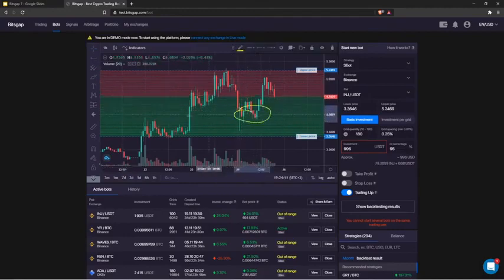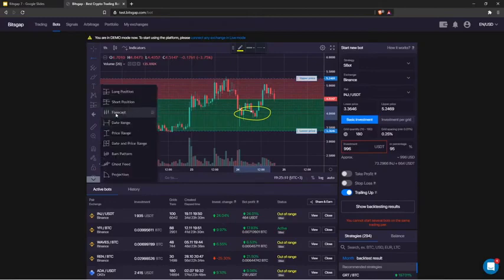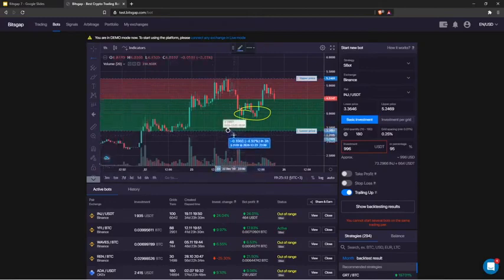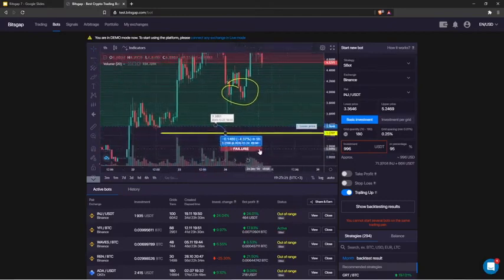Let me just circle this. So what you would do, you would enter with this configuration that I have, which is pretty much 40% of sell orders and 60% of buy orders. And your stop loss would be below this support by, let's say, as I said, 3%. Oh, let's make it 5%. So this is the point where you put the stop loss.